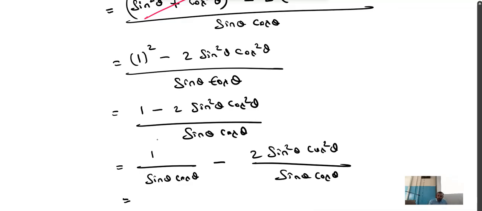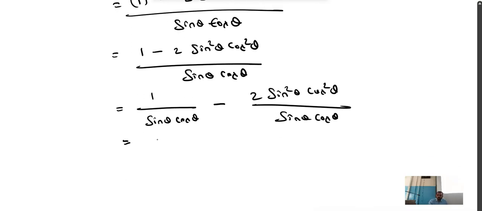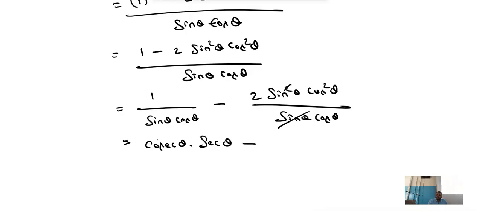Right? Now tell me, what is 1 by sin theta? Quick. Cosecant theta into 1 by cos theta, which is secant theta, minus, 1 time sin gets cancelled, 1 time cos gets cancelled. So left out is 2 sin theta into cos theta. Correct? Hence, this is our RHS.